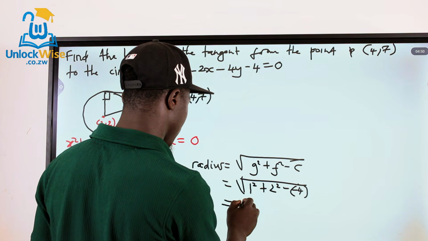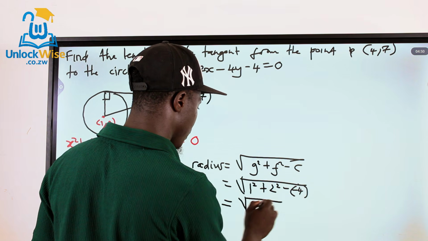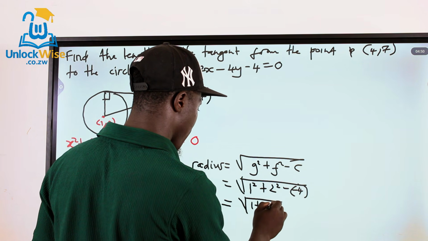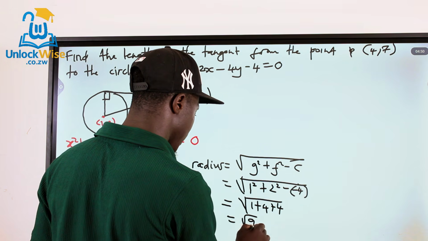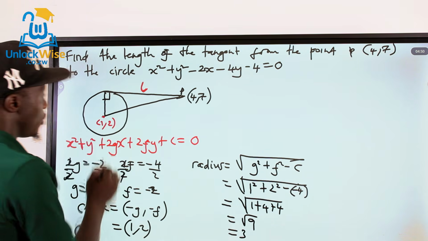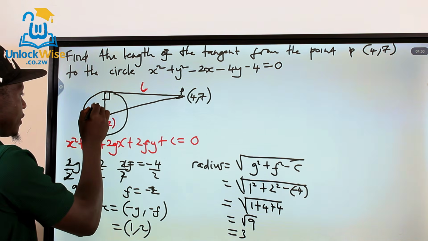So that is equal to the square root of 1 plus 4 plus 4, which is the square root of 9, which is equal to 3. So now our radius is 3.